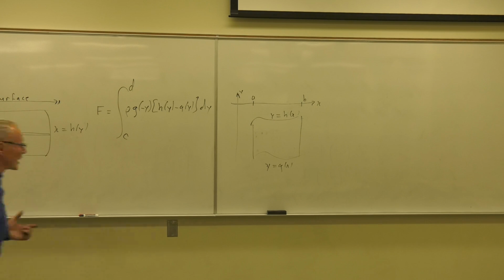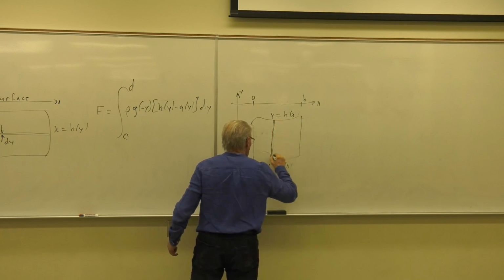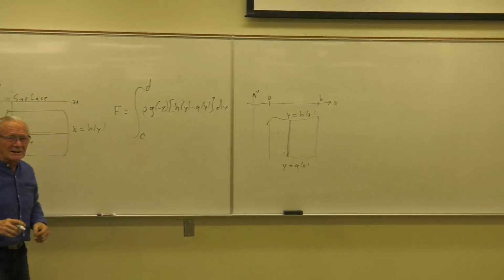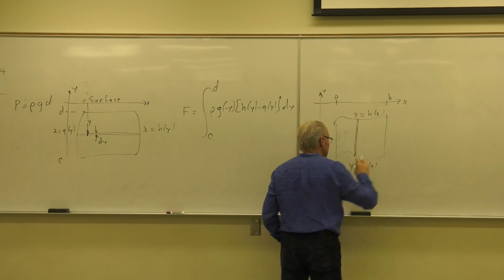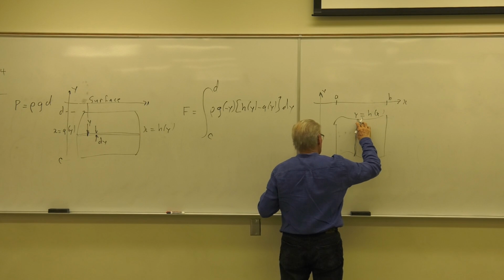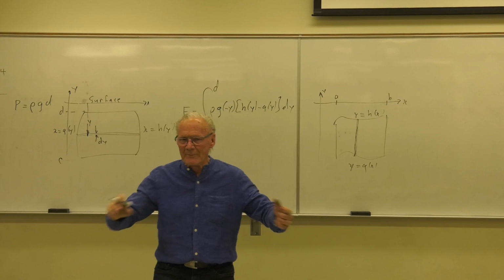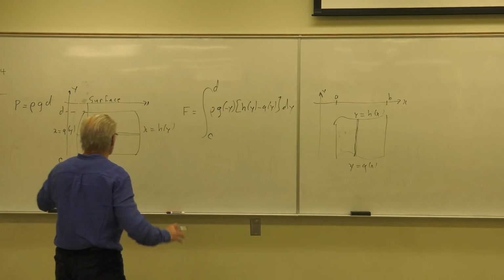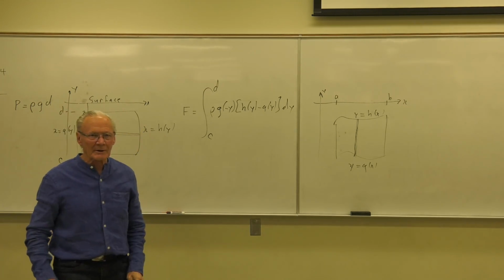You can't take rectangles that go like this. Here you could take that kind of rectangle, because all points in it are basically at the same depth. That is not true here. Different points in this rectangle are at different depths, therefore subjected to different pressures. Therefore, you cannot calculate the force on that rectangle and then add by integration. So you were stymied. Your integration required that you use horizontal rectangles.